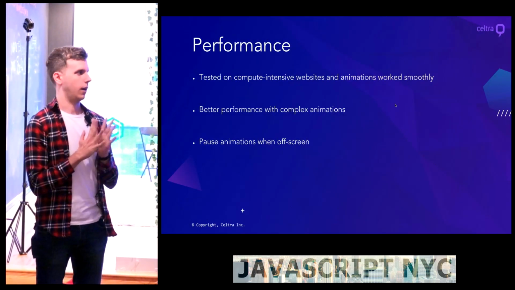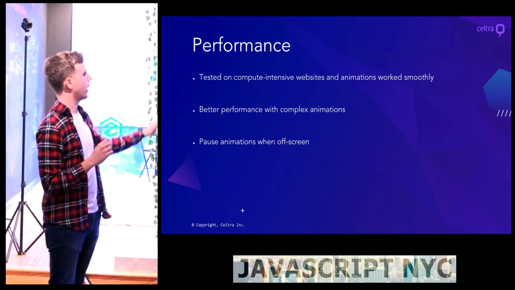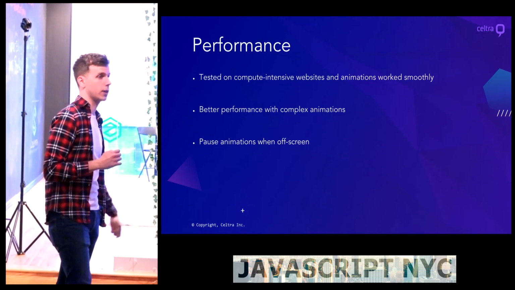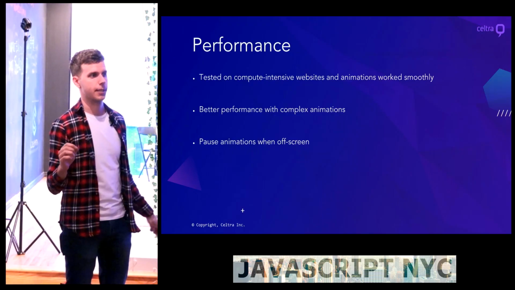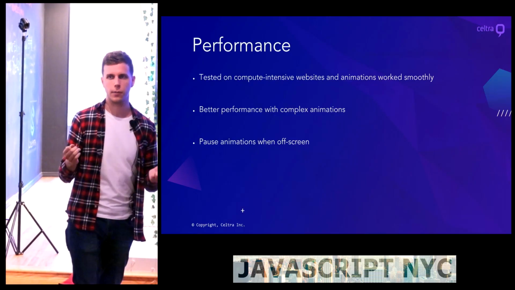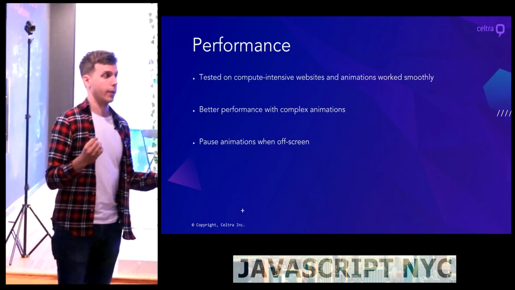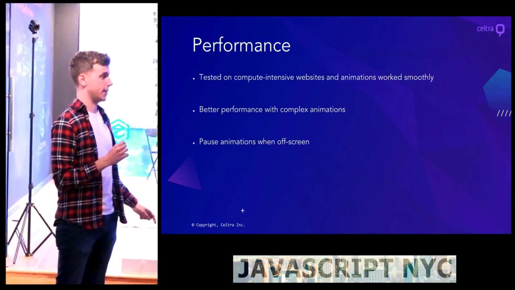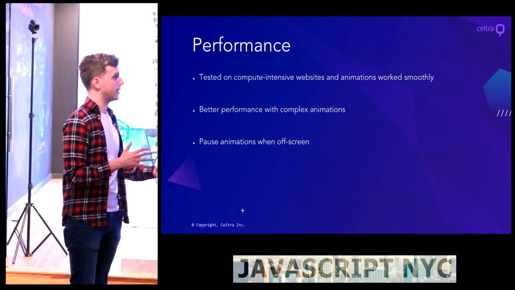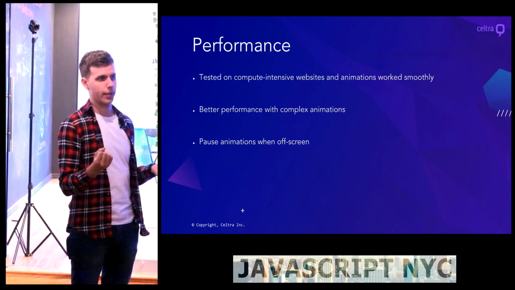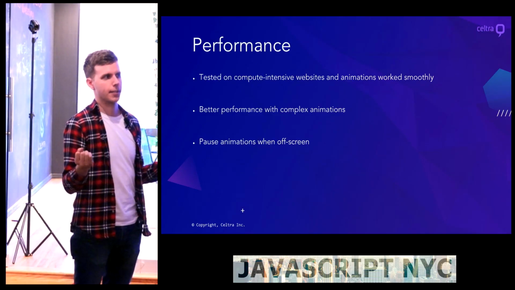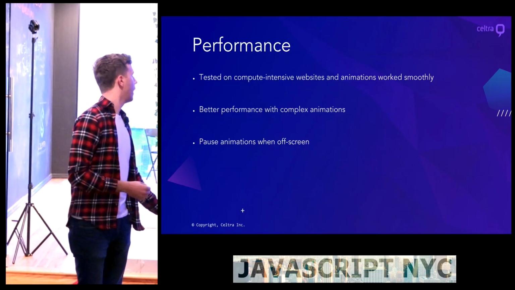So we actually got a better performance with complex animations compared to CSS. So if we had an animation, for example, with 20 or 50 animated objects, the animation performed better than CSS animations. But the thing is that our clients are building mostly simple animations, and in those cases, CSS performs better.